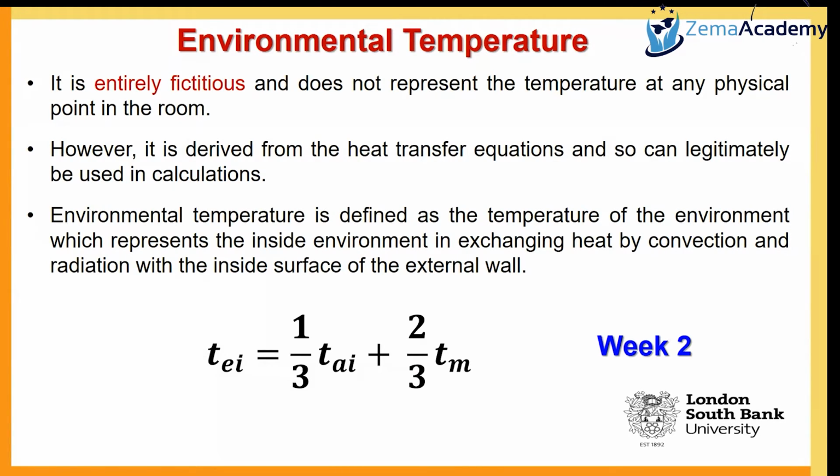Earlier in the simple equation, it was just the difference between inside temperature and outside temperature, whereas now we have come up with the proper definition of temperatures. The outside temperature is still the T outside. However, the inside temperature is now changed to environmental temperature.